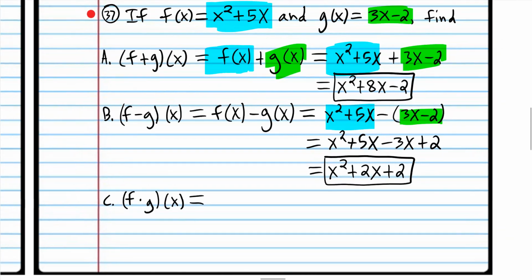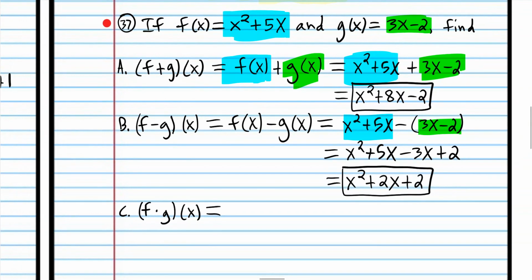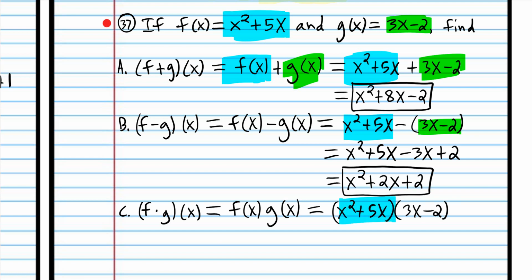So now we want to find f dot g of x. In other words, f times g of x. So that's just f of x times g of x. And f of x is the blue expression up there. And we're going to multiply by the green expression. So blue times green.